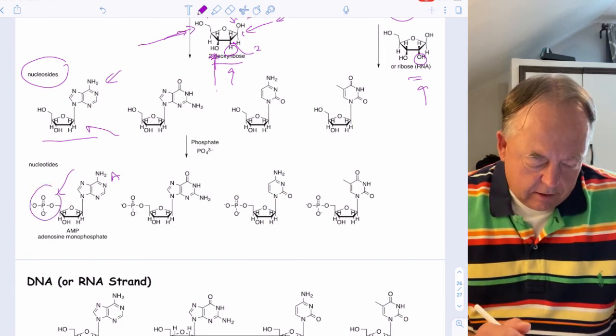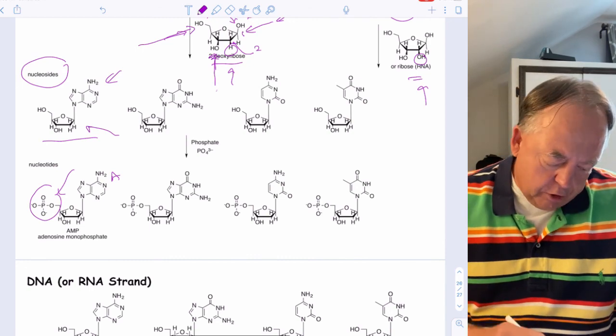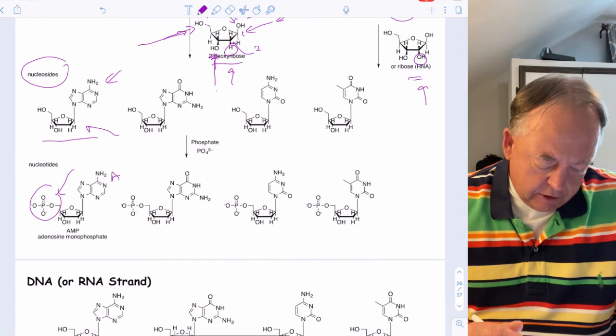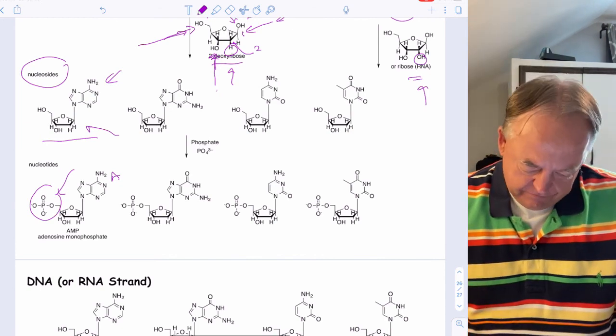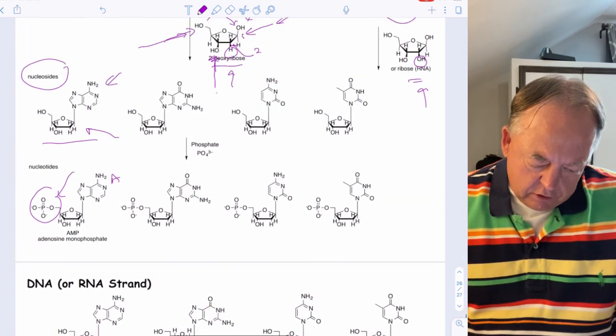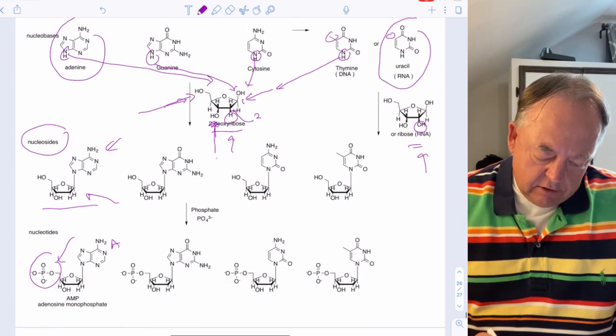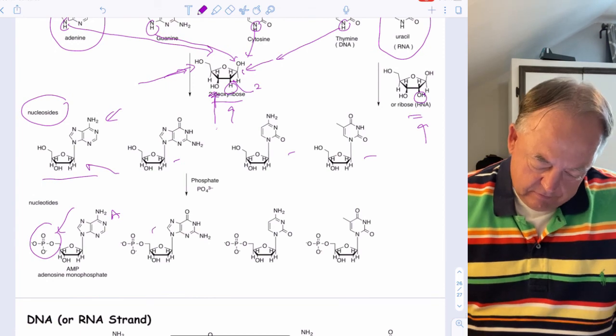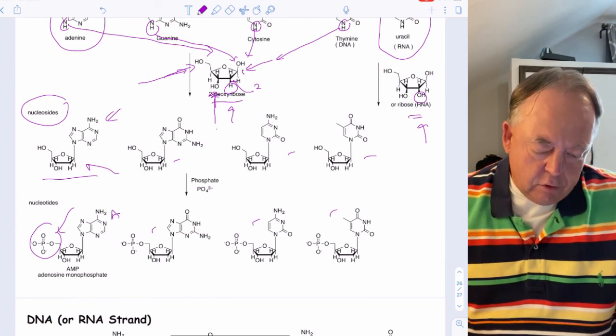So that would be adenosine monophosphate. Or you could put 2 phosphates there and have a diphosphate, or 3 phosphates there and you would have adenosine triphosphate. So of course the same for all of these different nucleobases. Attach them to the ribose and then phosphorylate them to get different nucleotide derivatives.